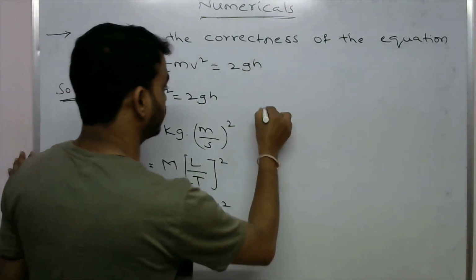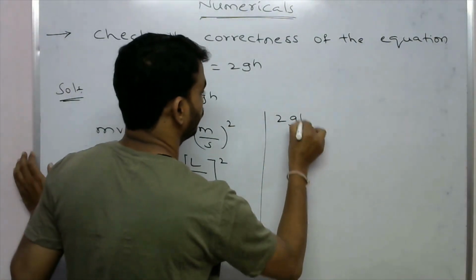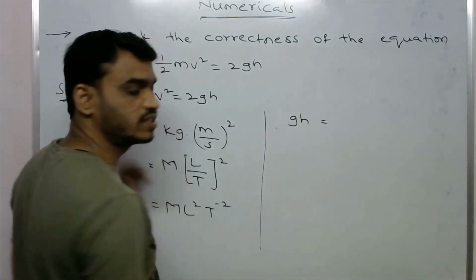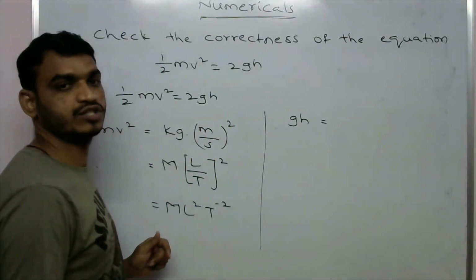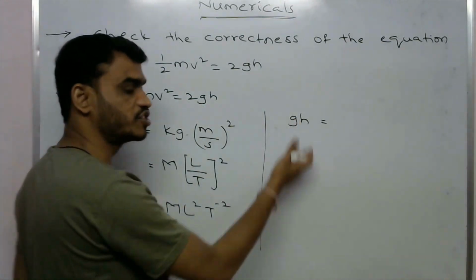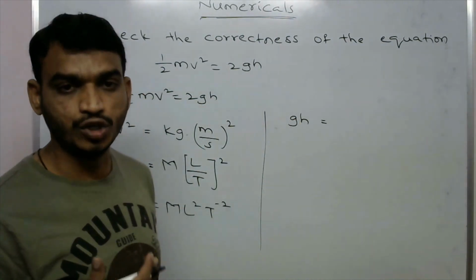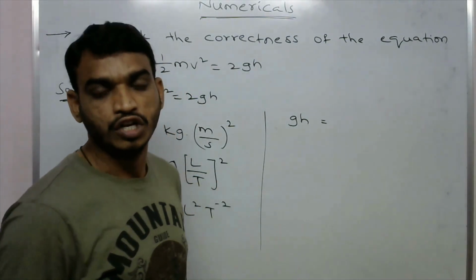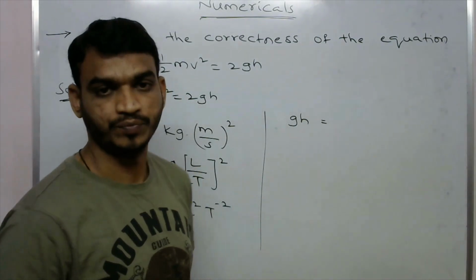And on the right side, 2gh. So 2 is the constant, so we will find out the dimensions of this gh. Here g is the acceleration due to gravity, that is meter per second square, and h is the height, so we will take that as meter. Okay.